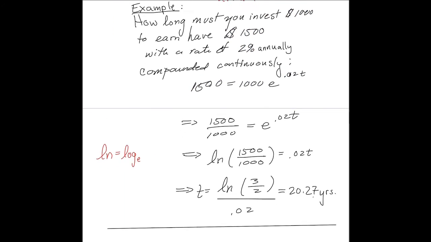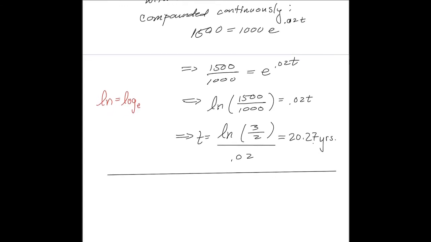How do we do that? We divide both sides by 1,000. We get this expression. Now we, if you like, change the base to e to match the right-hand side.